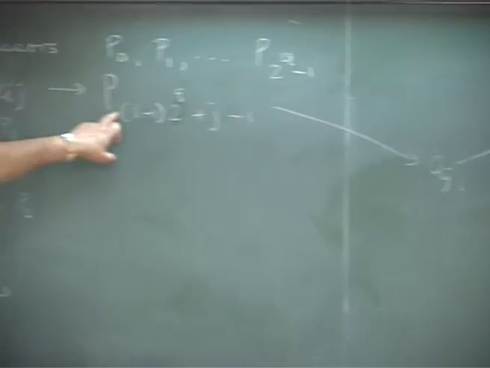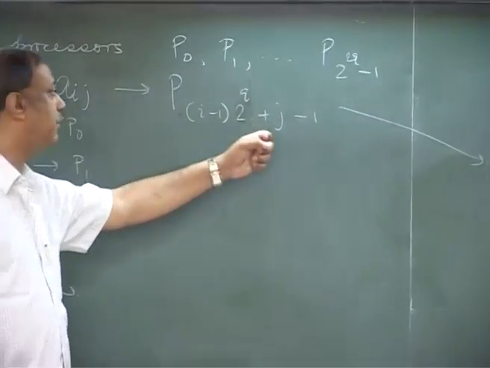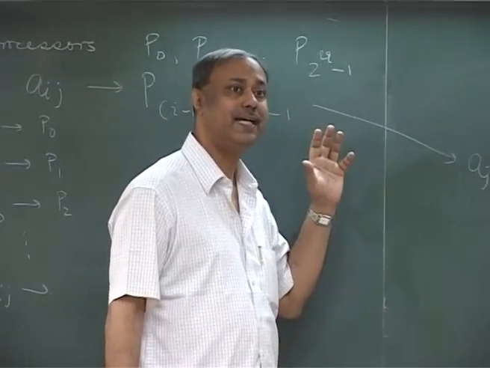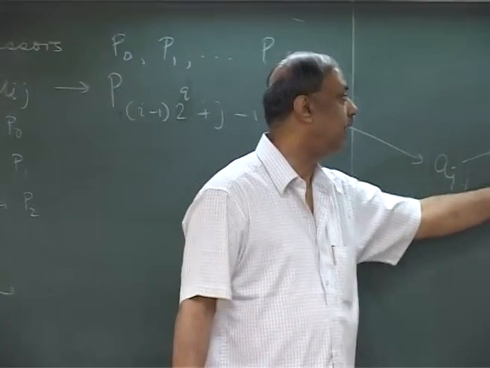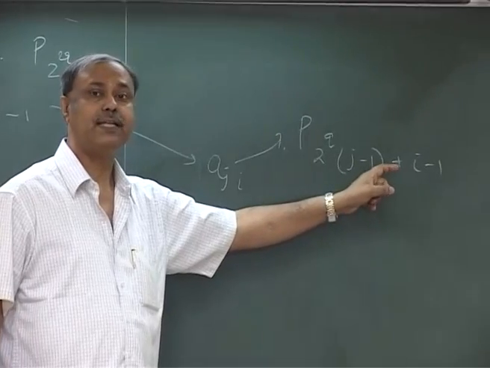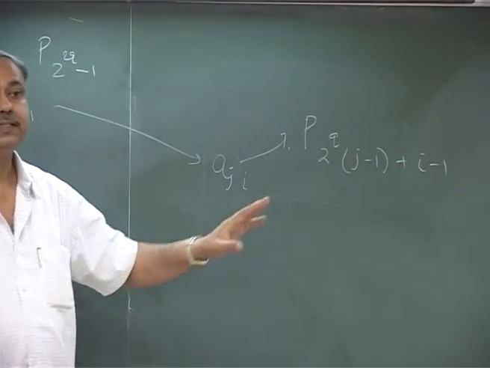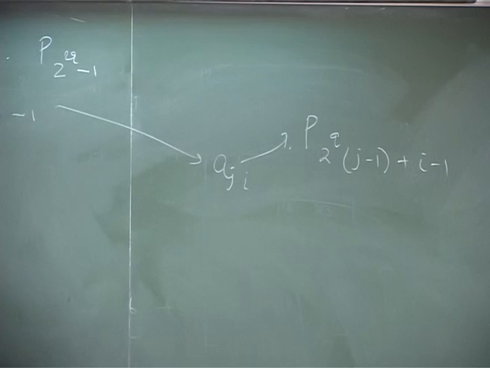So the processor P of (i minus 1) times 2 to the power q plus j minus 1 contains Aij. It has to send the data to the processor 2 to the power q times (j minus 1) plus i minus 1. Yes, no? Yes. Correct.